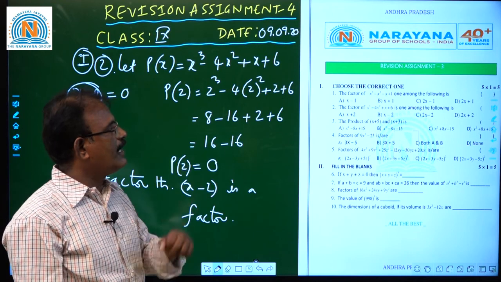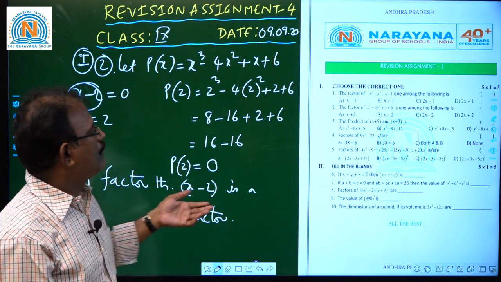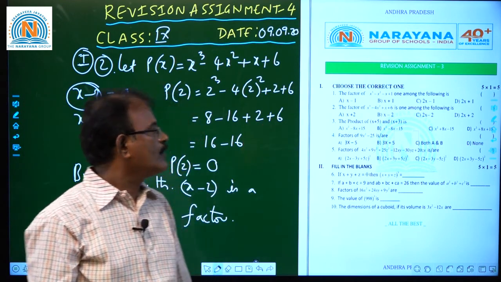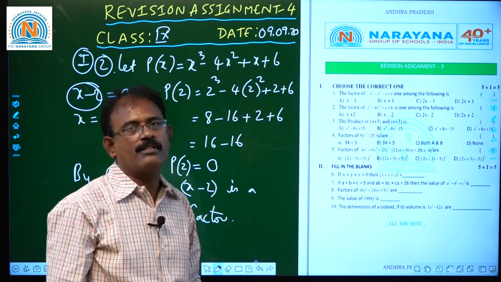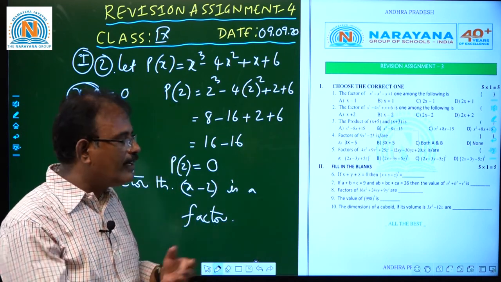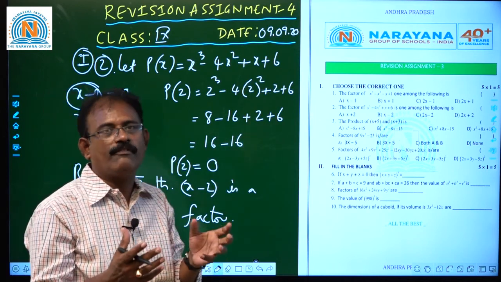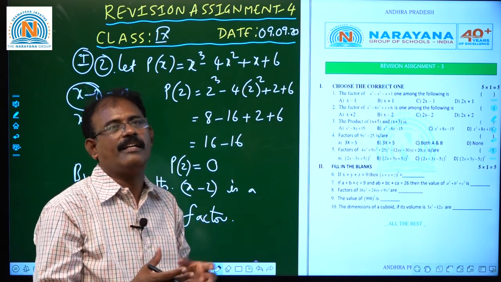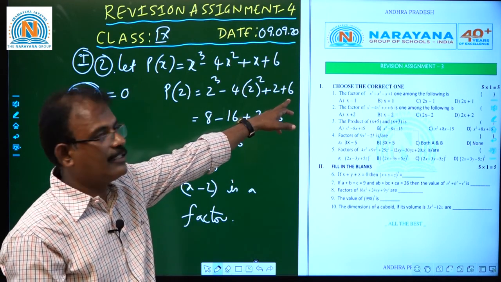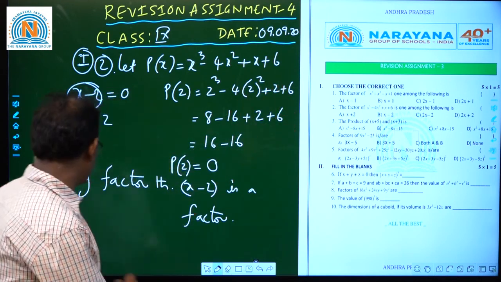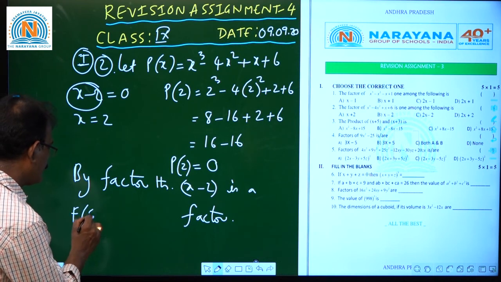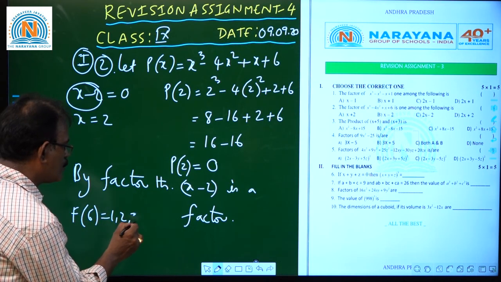Generally we have a doubt, sir, here we have 4 options, so out of the 4 options means 4 trials. Do we have any limitation on how many trial and error attempts there are? What is the constant, children? 6. What are the factors of 6? 1, 2, 3, 6.